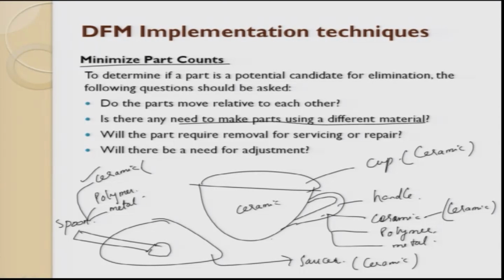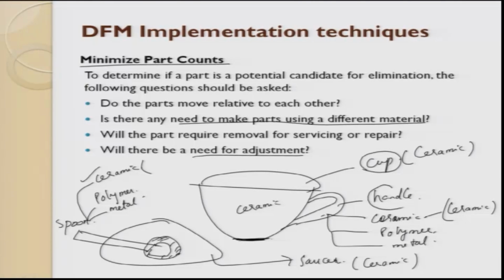If at all you want to have an adjustment, you try to keep it in the saucer. So, what we do is we give a fixture here around the cup, so that the bottom flat sits exactly in that flat portion. So, here you see, now I am very clear that I do not have to make the handle different, or the cup different.